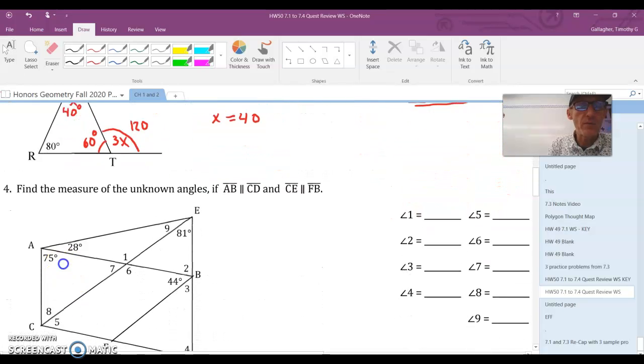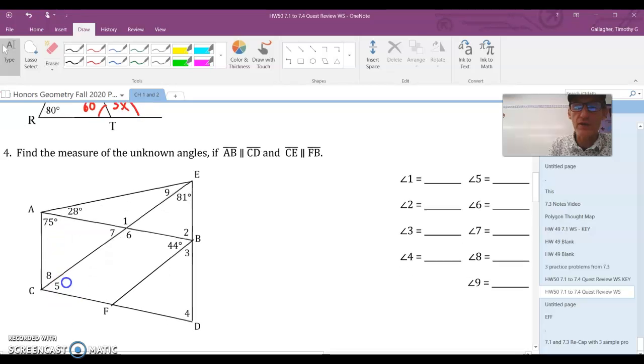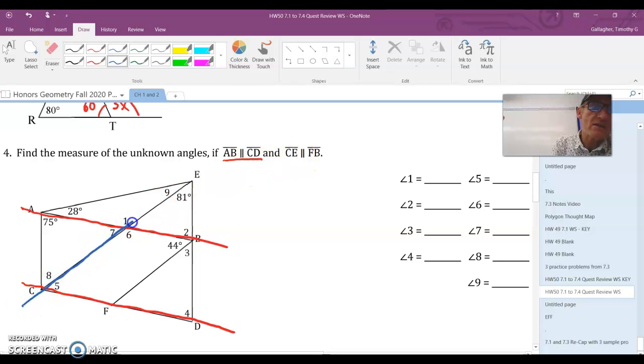All right, this problem is a little complicated, but not impossible. We have AB parallel to CD. And then we also have CE parallel to FB.